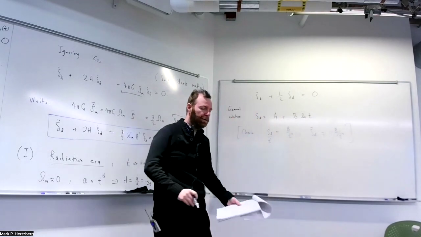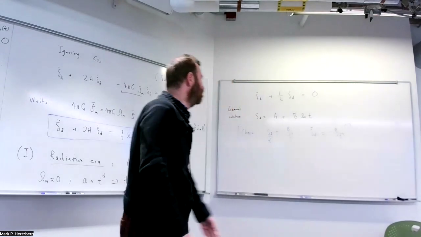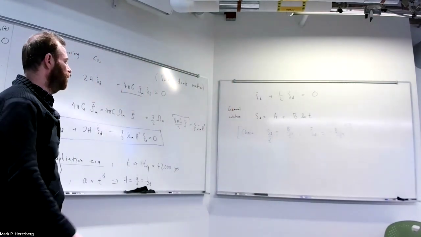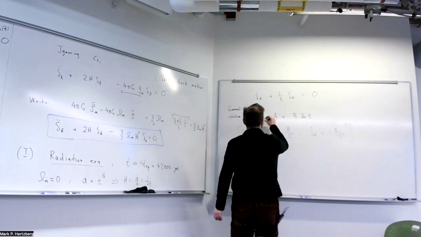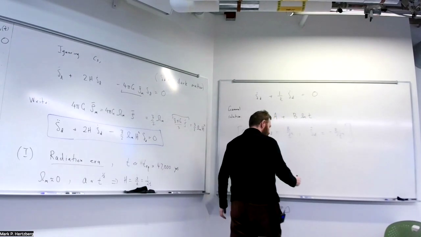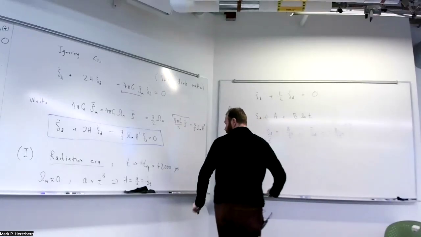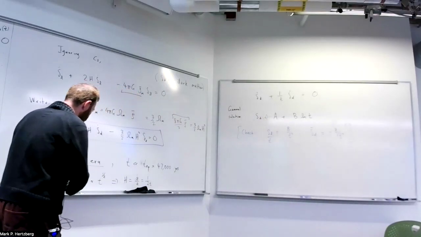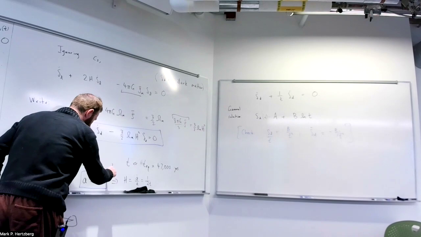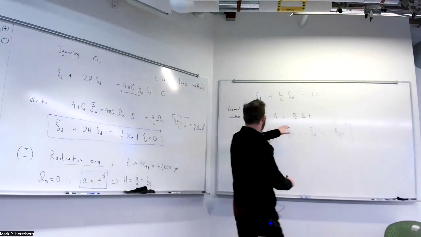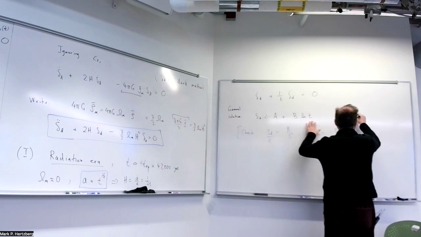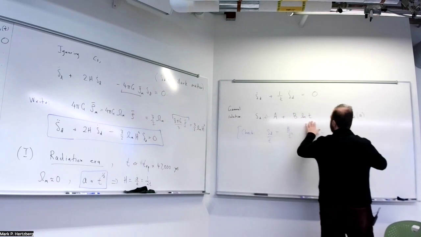Now, we can express things as a function of time. That's perfectly fine. Or we might often express things in terms of the scale factor. Okay, and here, remember, the scale factor is proportional to t to the half. So an equivalent way of writing this is we could write delta d in terms of the scale factor.